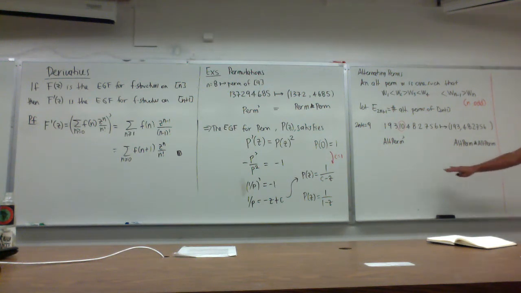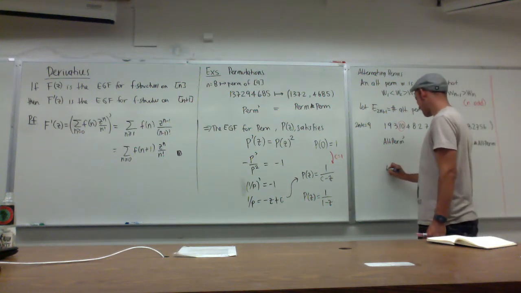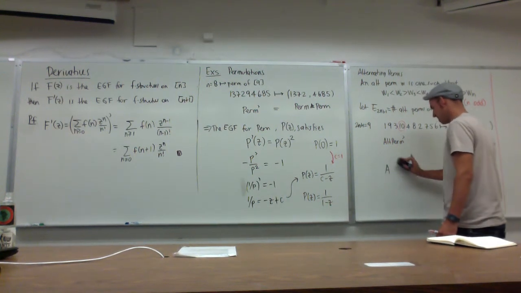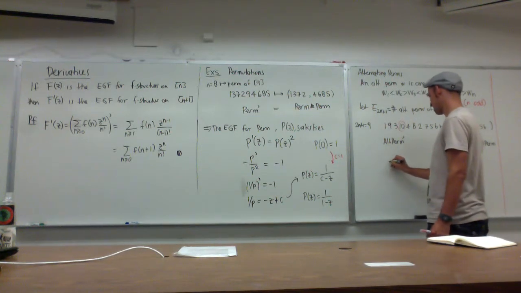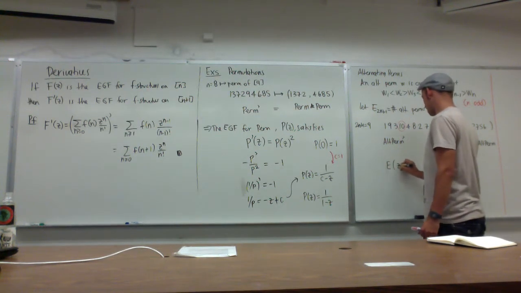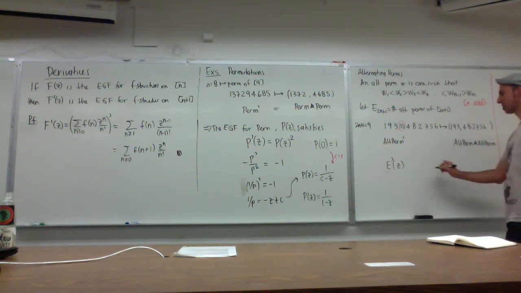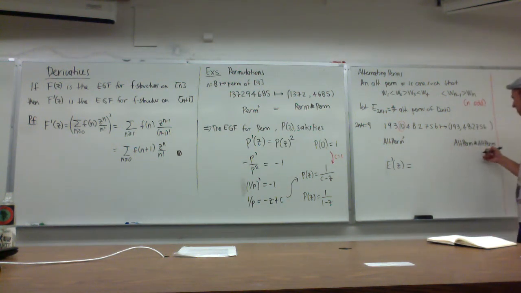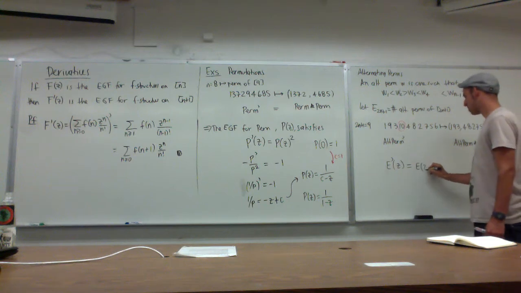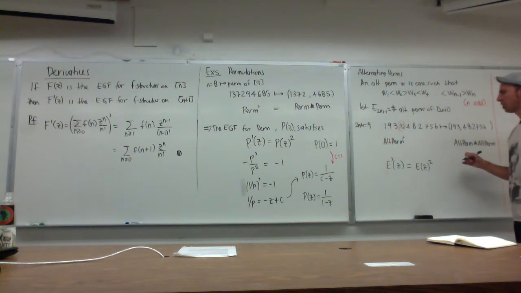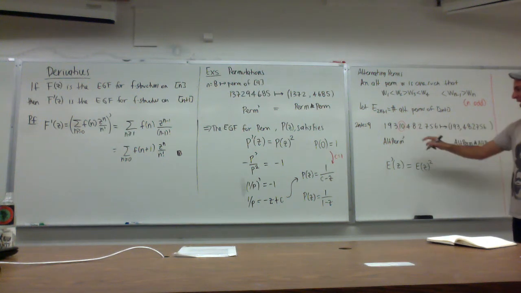Okay, what do I get here? I get that the derivative of this is equal to this times this. And the thing is that this works always except for the empty permutation.